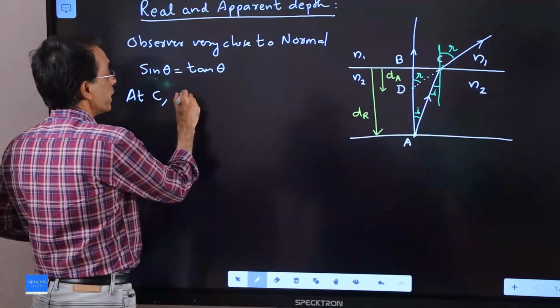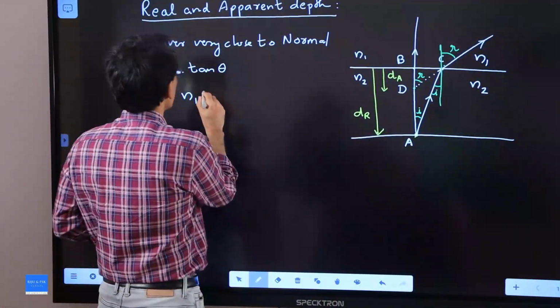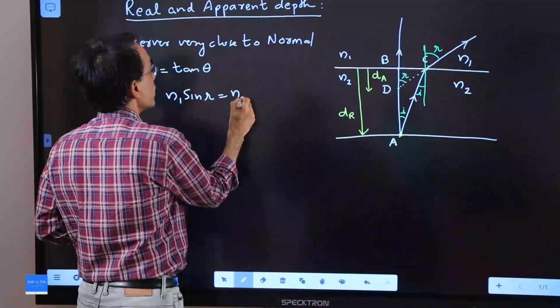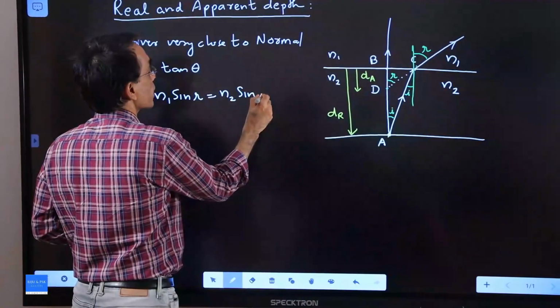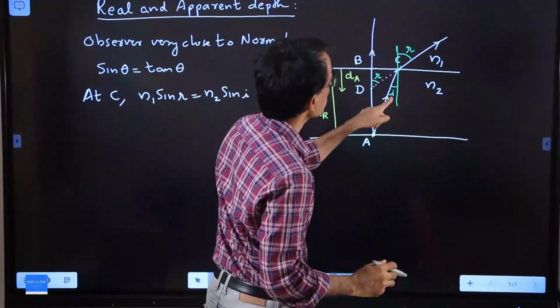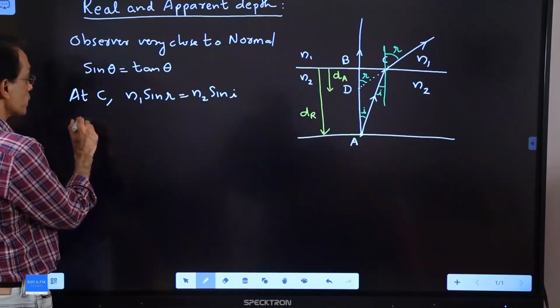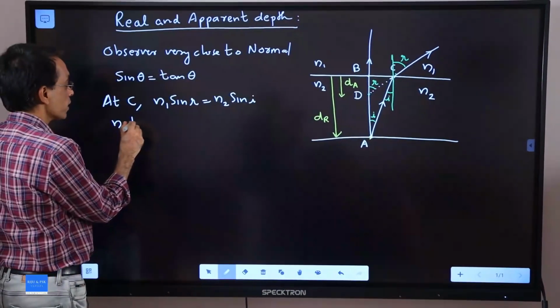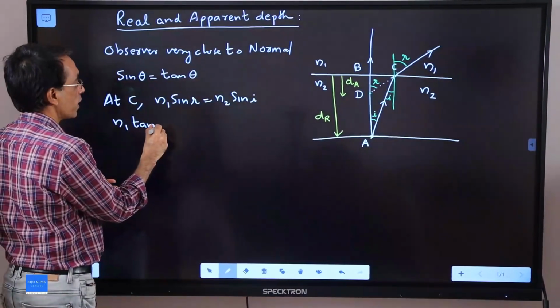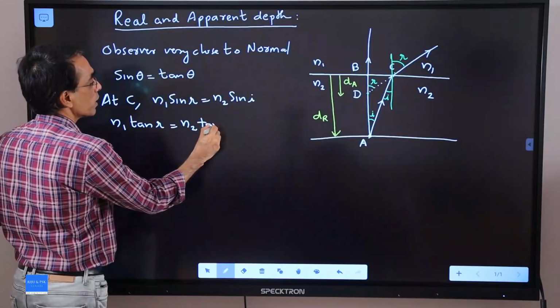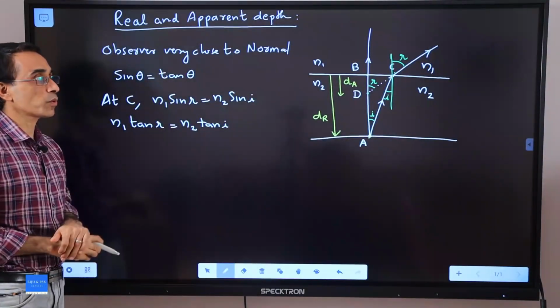Then I can write N1 sin R equal to N2 sin I. And I know sin theta equals tan theta, so I can write this as N1 tan R equal to N2 tan I, because angles are small.